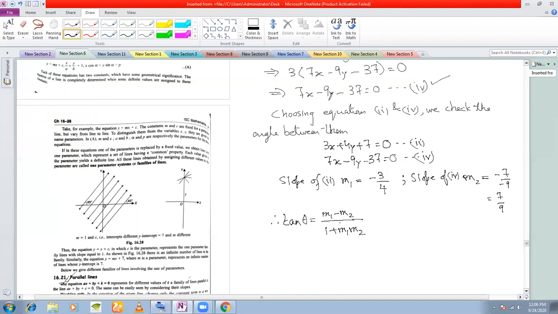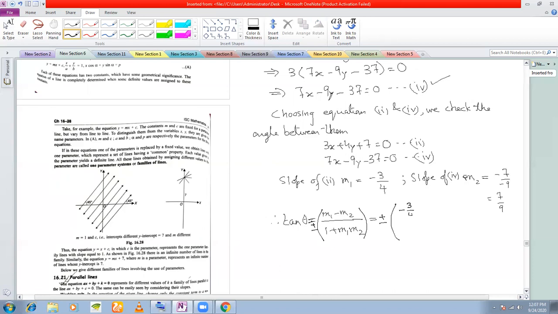So let us only check with the positive sign. You take the plus or minus sign, and we'll choose a sign later accordingly. So this is plus or minus (m1 - m2) by (1 + m1 m2).